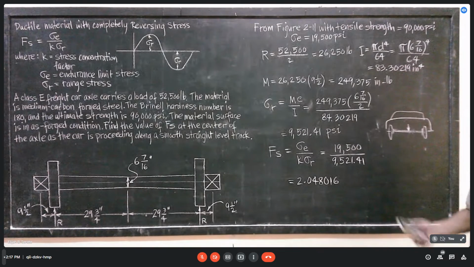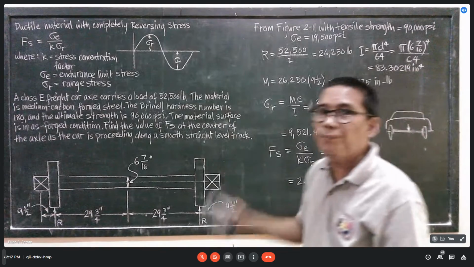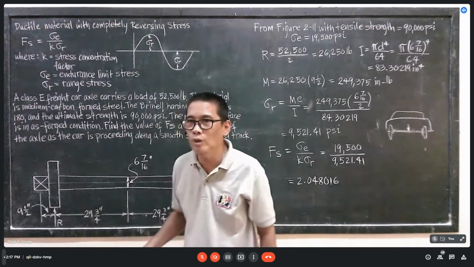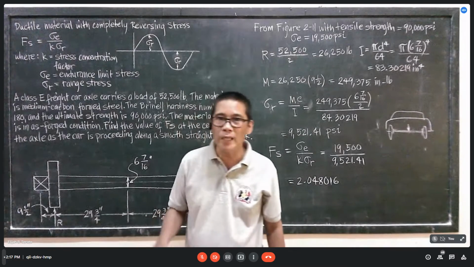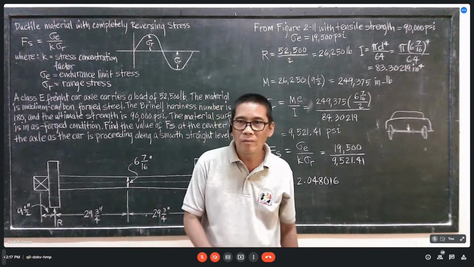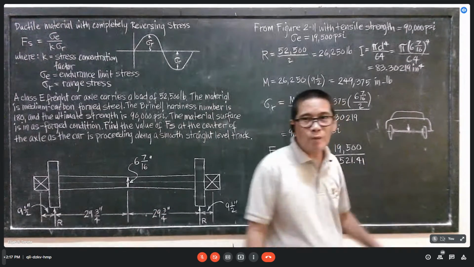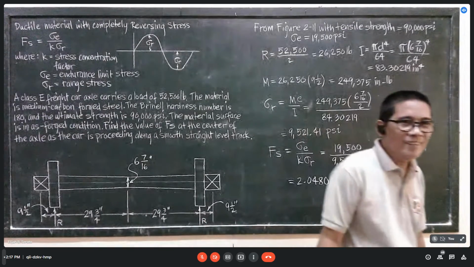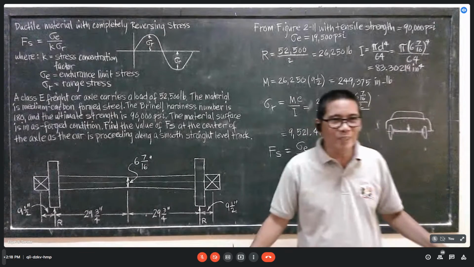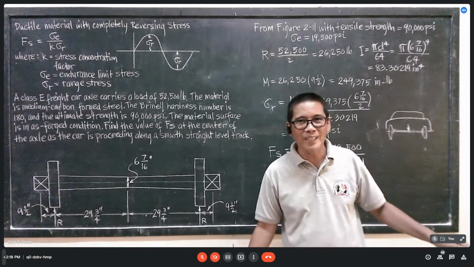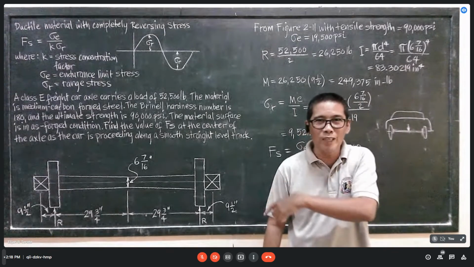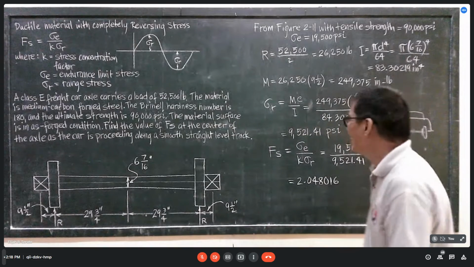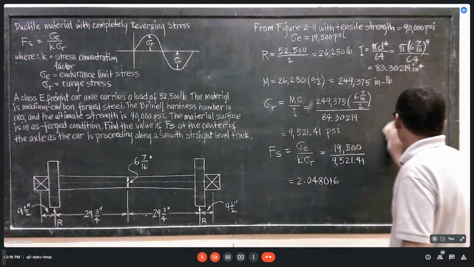We are looking at where the 52,500 is being passed. The load of 52,500 is being passed to the axle. Okay.